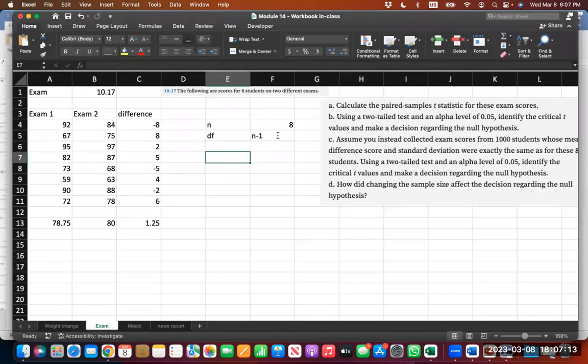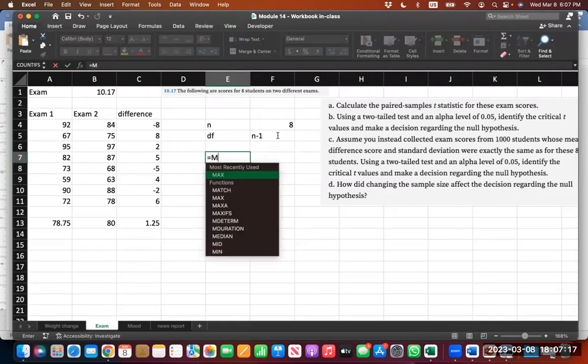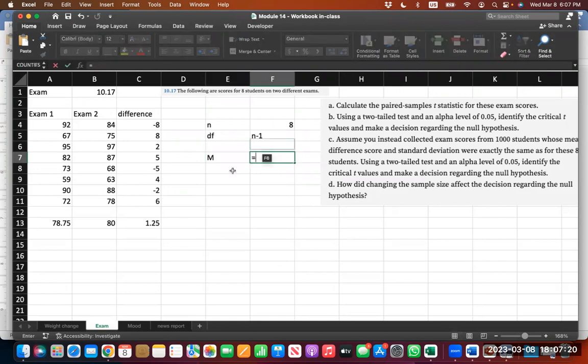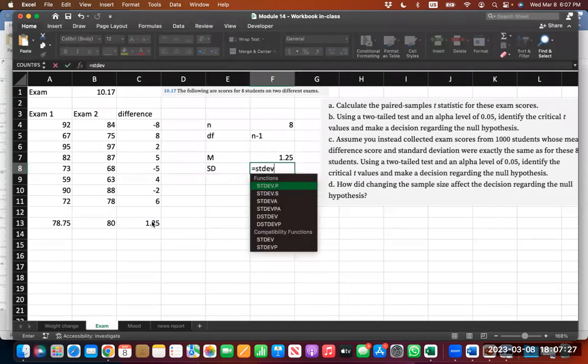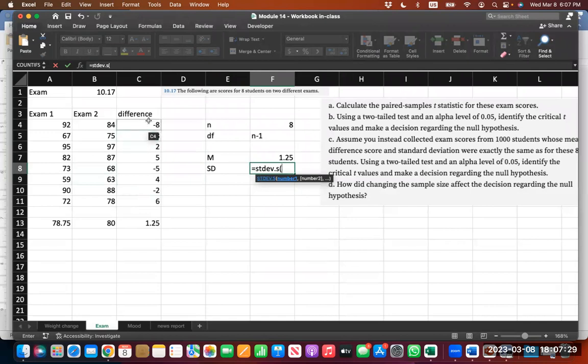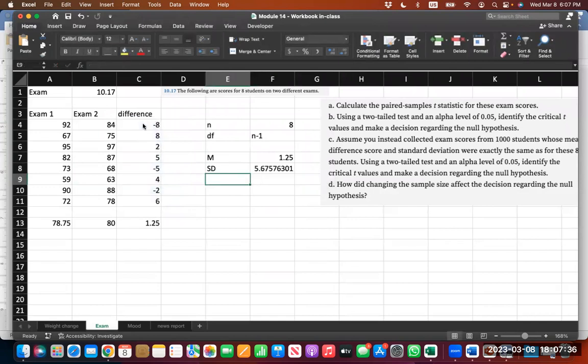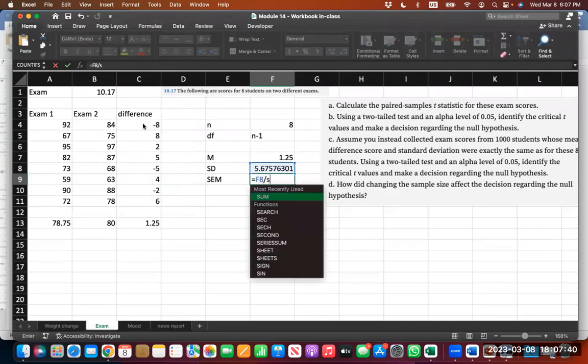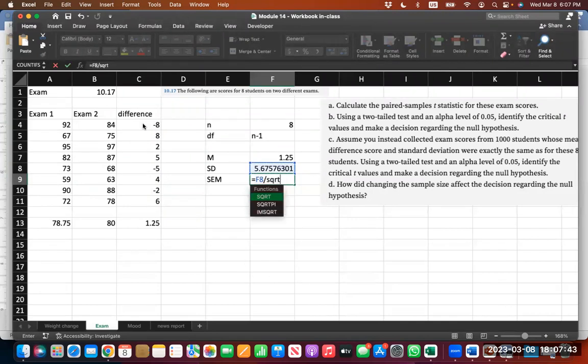So we have an average. This is our M. Our SD is this. We're calculating the standard deviation of our differences. We're calculating the standard error of the mean, which is the standard deviation divided by the square root of the sample size.